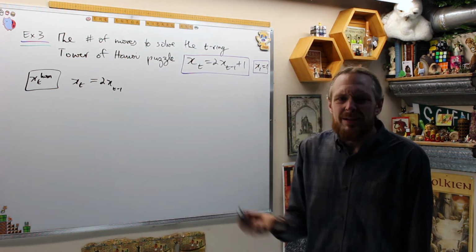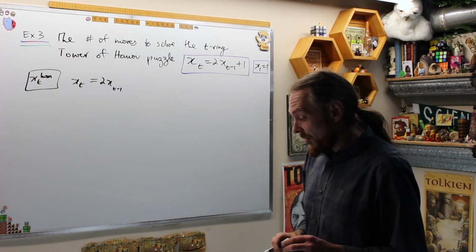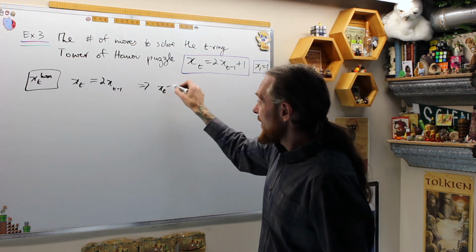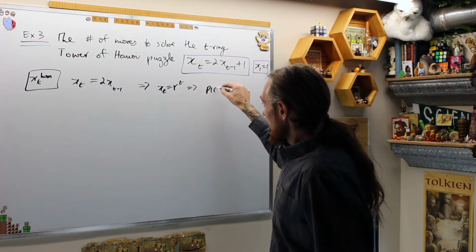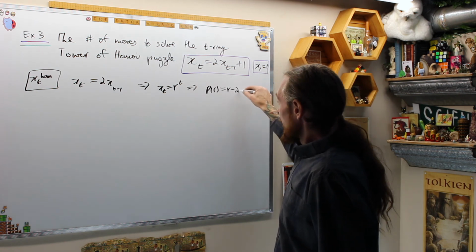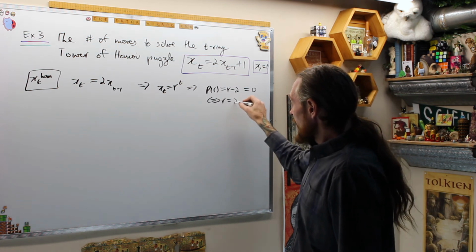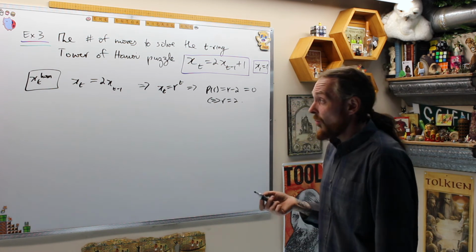We've already done this one, but let's quickly do it again to remind us, now that we have more terminology, the characteristic polynomial and everything else. This immediately says that we guess x_t is r to the t, and this will give us our characteristic polynomial r minus 2 equals 0. That's if and only if r equals 2. So we have one root to our characteristic polynomial, with multiplicity 1.